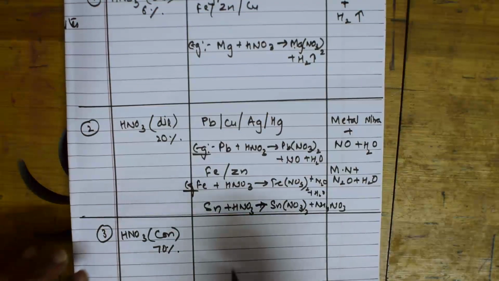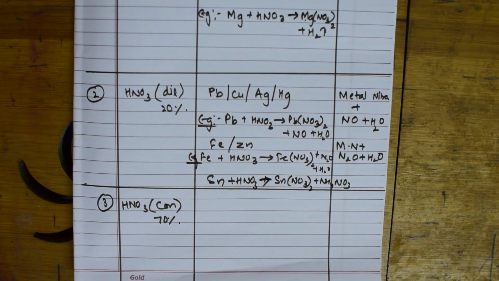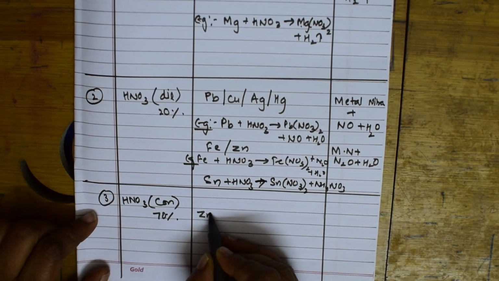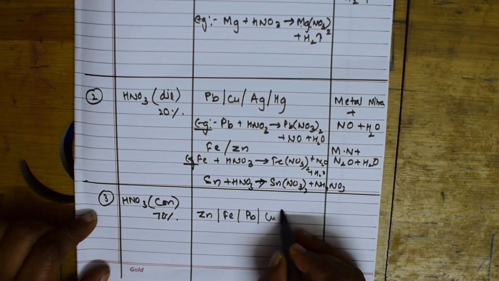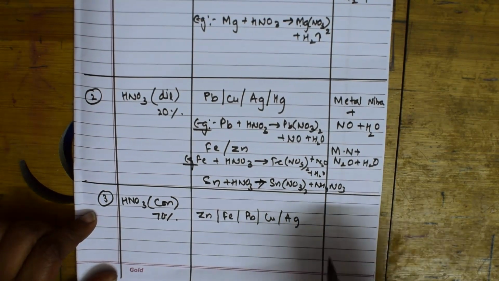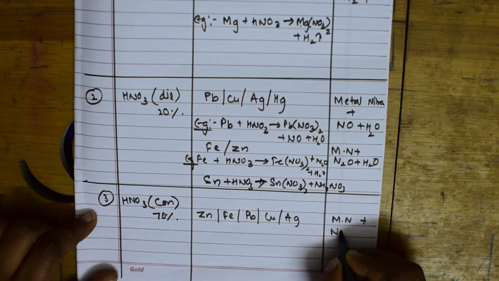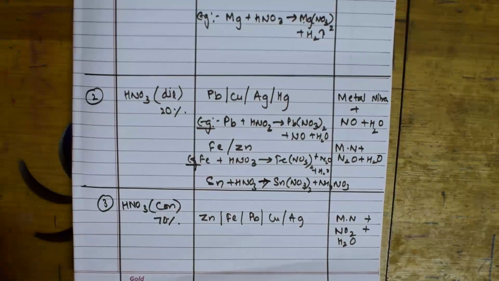Next one. Suppose I take concentrated nitric acid, you need to remember this, students, very important, dilute and concentrated. If I take metals like zinc, iron, lead, copper, silver, what are the products I get? I'm going to get metal nitrate, plus nitrogen dioxide, plus water.